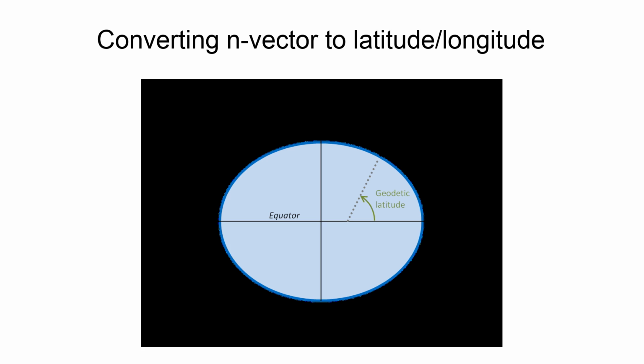Longitude is found using longitude = arctan(n_y^E / n_x^E).